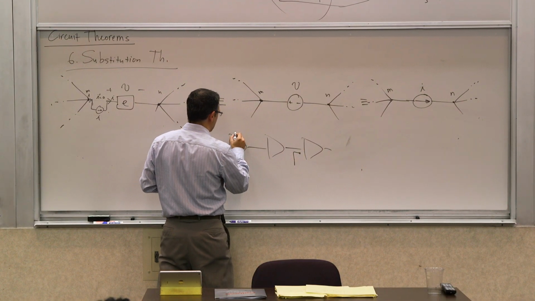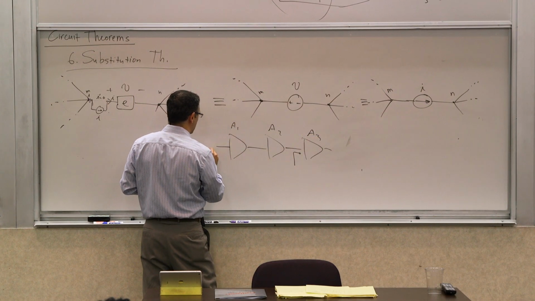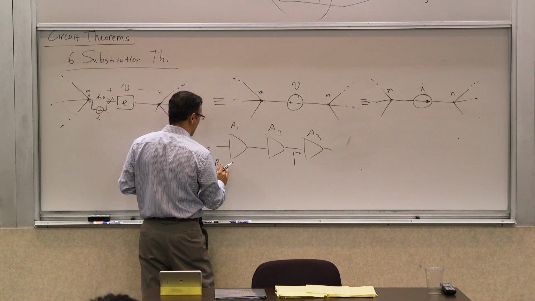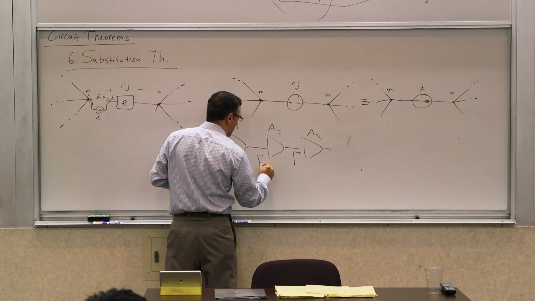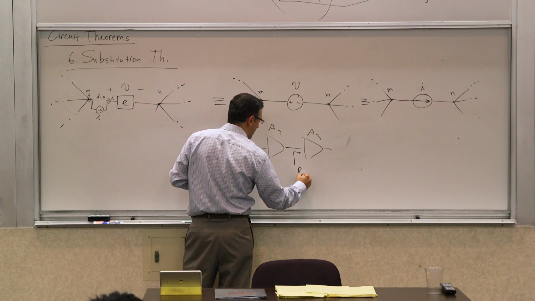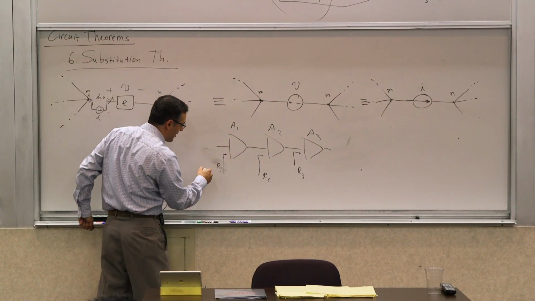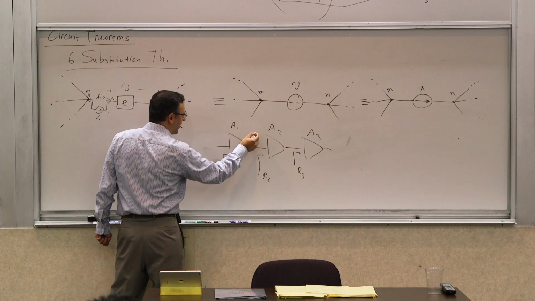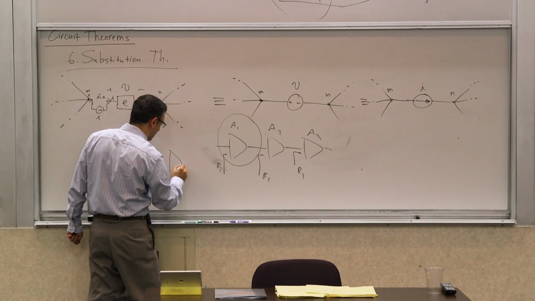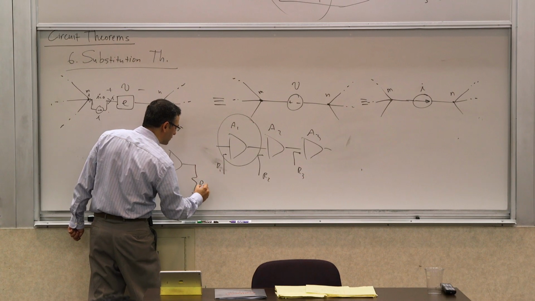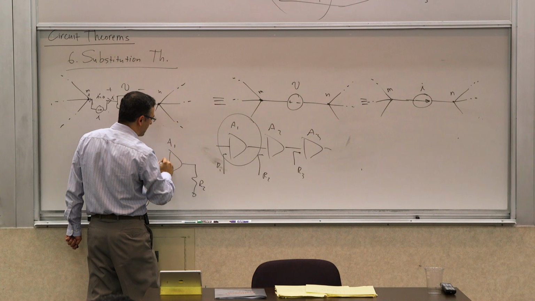Let's call them A1, A2, A3, with input resistances R1, R2, and R3. Inside these things there are a lot of transistors, resistors, other things, right? So instead of analyzing all of them as a whole, I analyze A1 plus a load of R2, because that's what it sees.